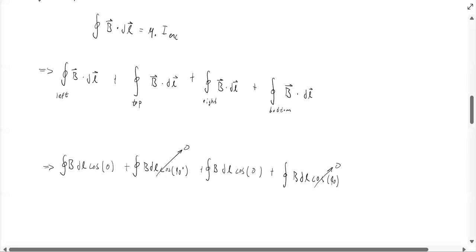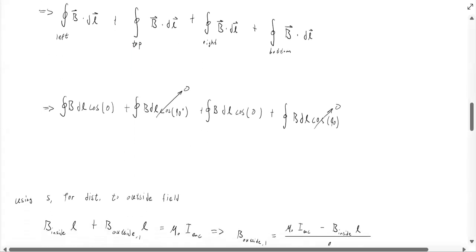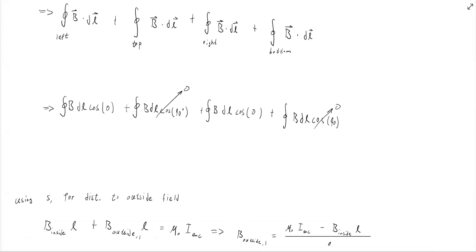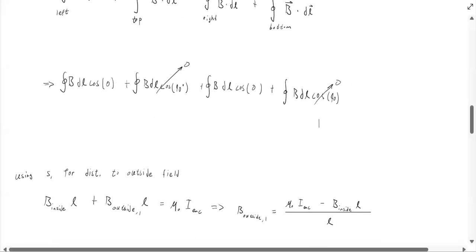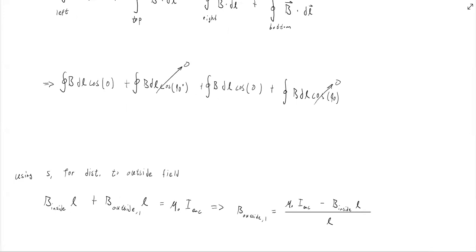So B inside times L plus B outside times L equals mu naught times I enclosed. And then to separate out B outside, we do some algebra here. And so we get this equation right over here for B outside 1.